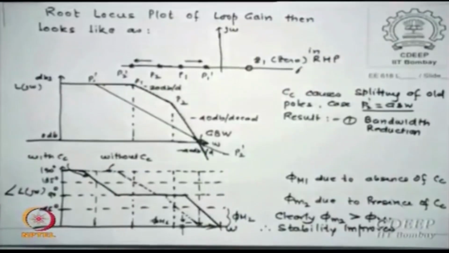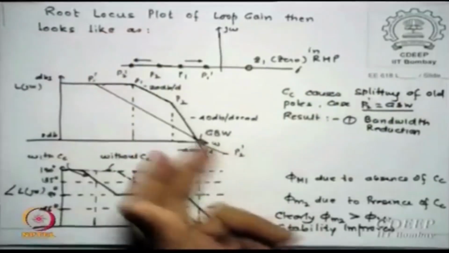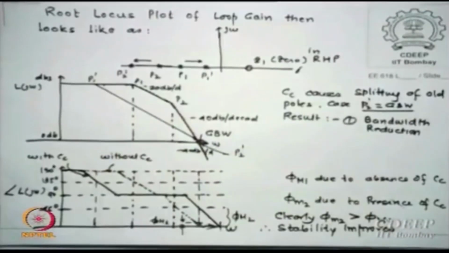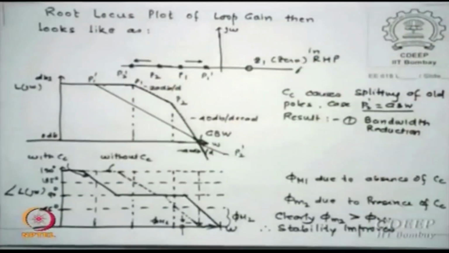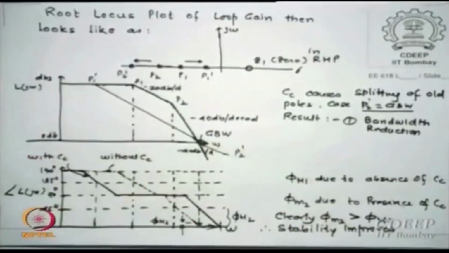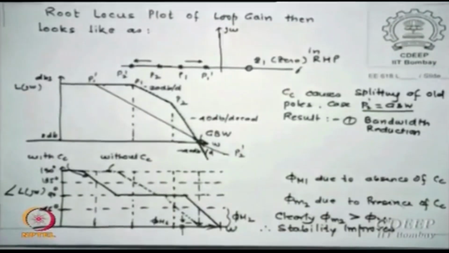Otherwise, you increase CC, feedback increases, this will further go down, because you want this second pole to cross GBW, so you will prefer larger CC, but then this P1 should not hit the imaginary axis, okay. If it hits the imaginary axis, it is still okay, very low bandwidth, but at least stable, but if it crosses, then you have a problem, you have an equivalent zero on that, okay.